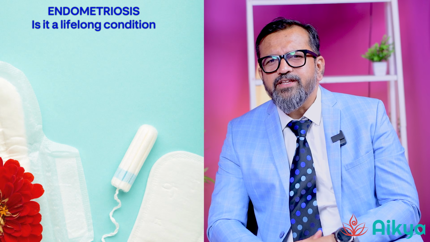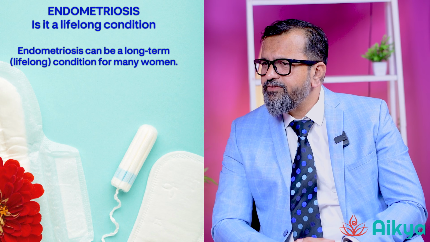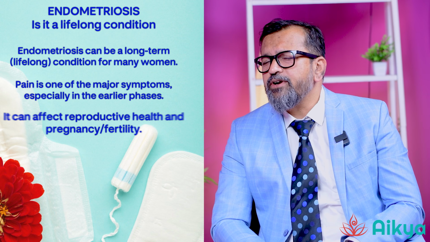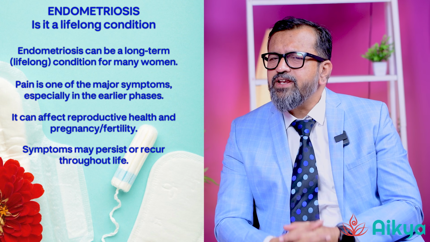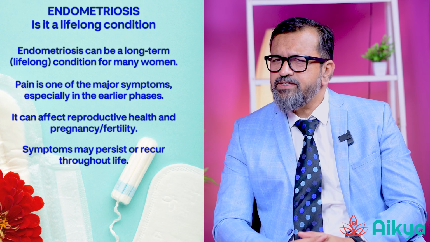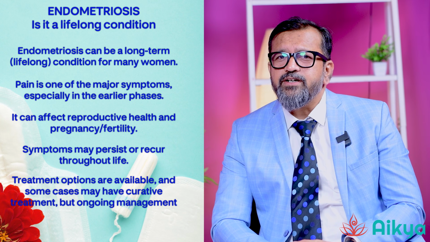Sorry to say, the woman has to deal with it lifelong. In the early phases of life, because of the pain, then sometimes for the reproductive outcome, pregnancy, and throughout life, they will have some kind of pain or symptoms associated with it. Yes, we do have a curative treatment, but then you have to deal with it lifelong.